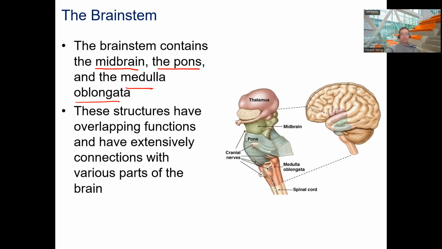You see all these little lines coming out. Those lines are actually cranial nerves. Remember, we have 12 pairs of cranial nerves coming out directly from the brain. Some of them originate from the midbrain, the pons, and the medulla oblongata.